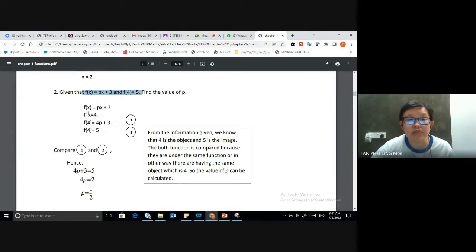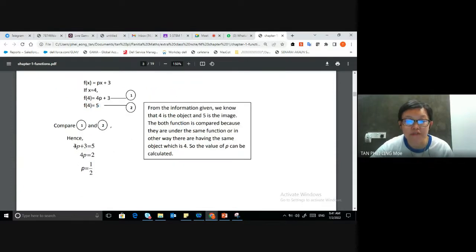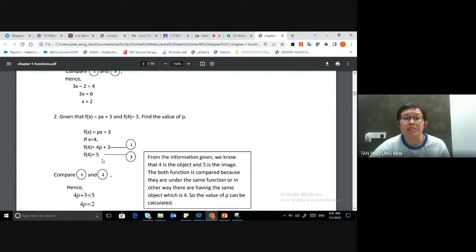When f(4) equals 5, the object is 4, so you can put in the 4. It becomes 4p plus 3, and f(4) equals 5, so 4p plus 3 equals 5. Then you can solve for p. So this is one part.